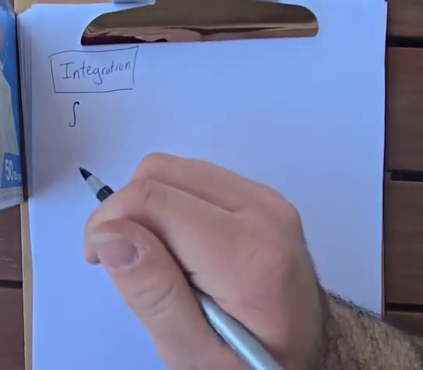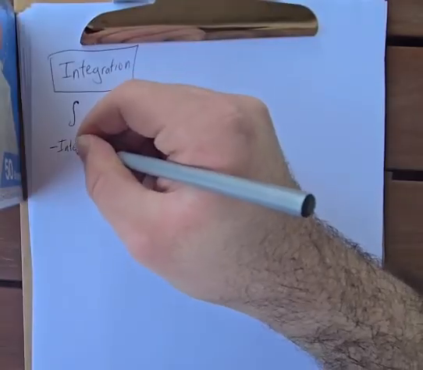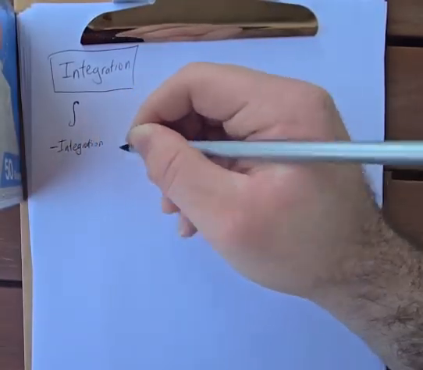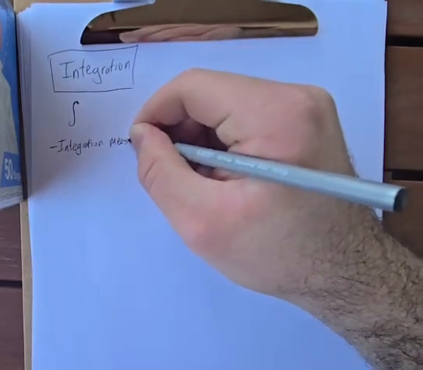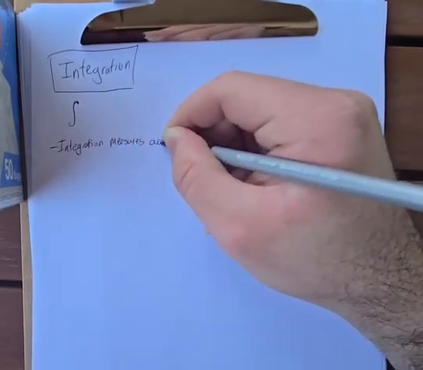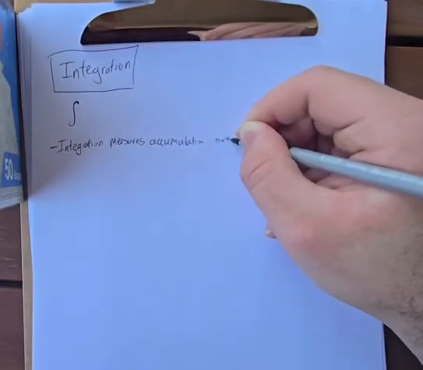Okay, so what does this measure? Integration measures how much of something has been accumulated over time. That's all it means. So it could mean how many people are in a city, how many animals are in a zoo, how much of this has accumulated over some time, right?